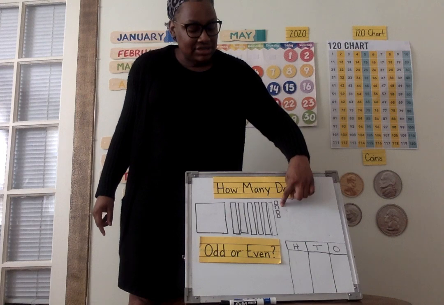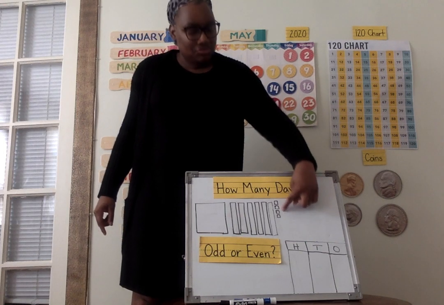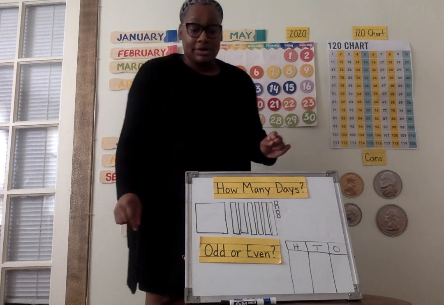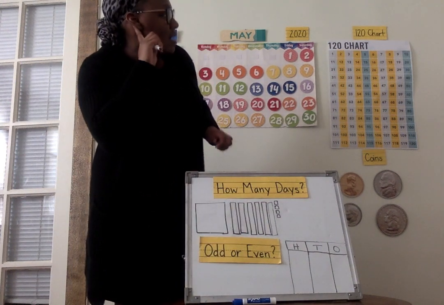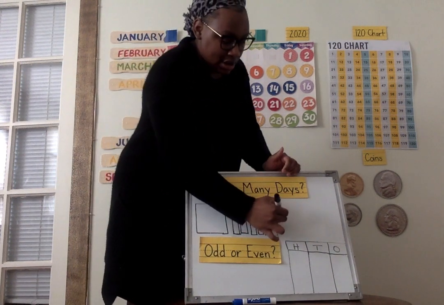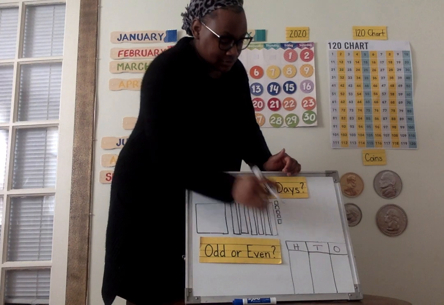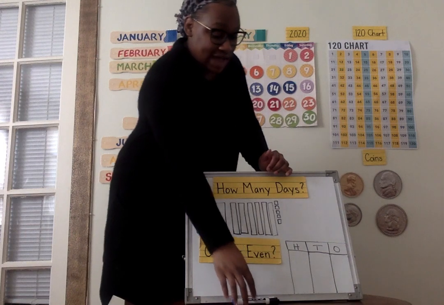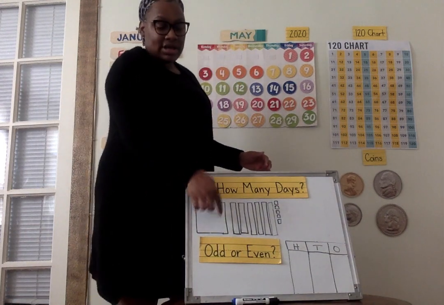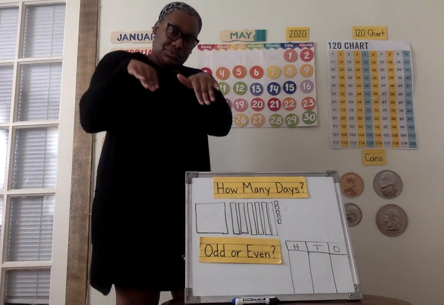161, 162, 163, 164. We've been in school a new day, so I need to add. That's right, I need to add one more. Now we need to recount to see how many days we've been in school now. Get ready. 100, stop, switch.